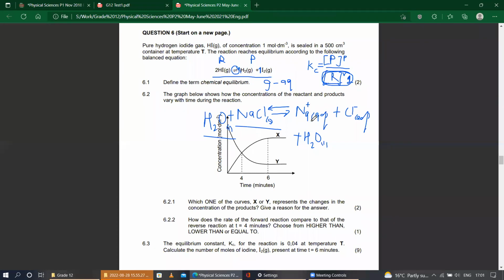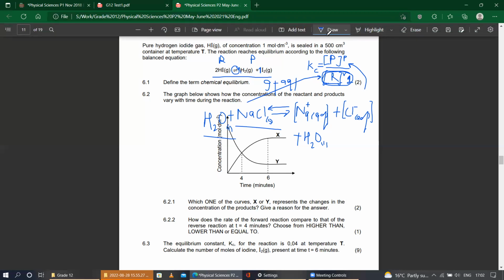But in the products, this is in an aqueous state and this is in an aqueous state. So you can actually put the concentration of the sodium ions and the chloride ions up here. But since this is a liquid and this is a solid, you can't put them down here. So I think that's just one of the rules of the chemical equilibrium.